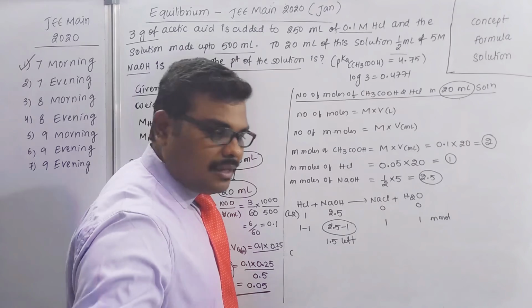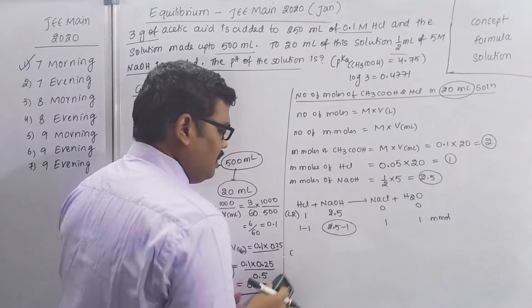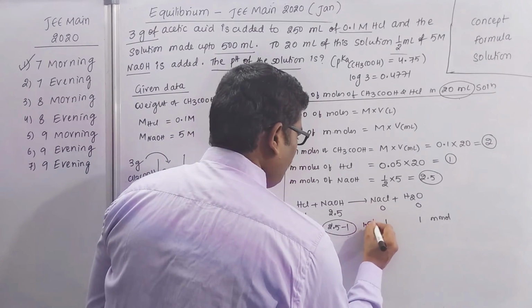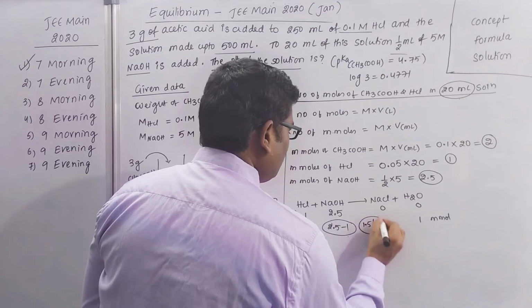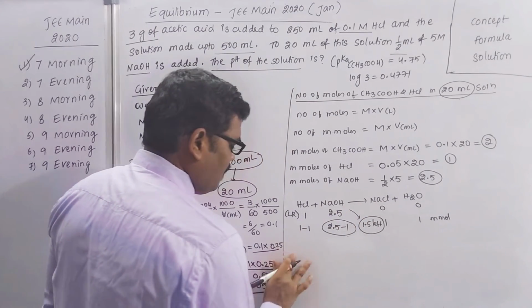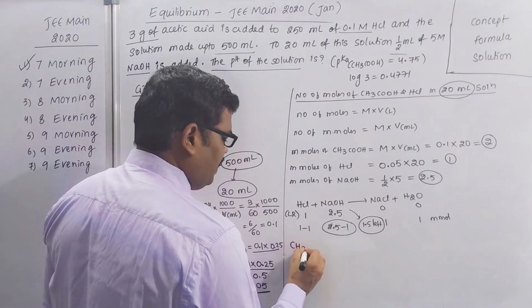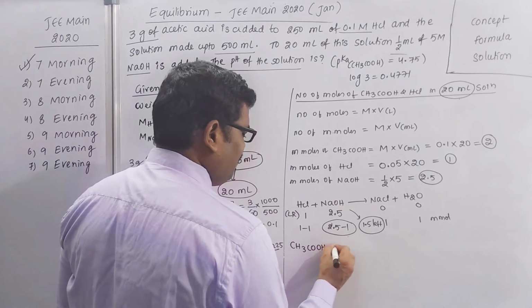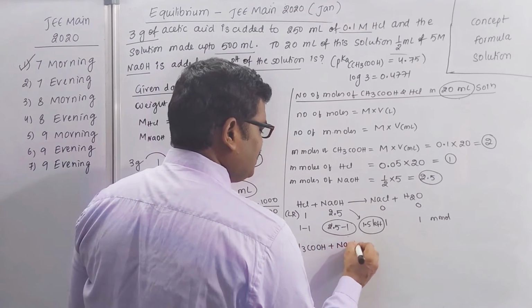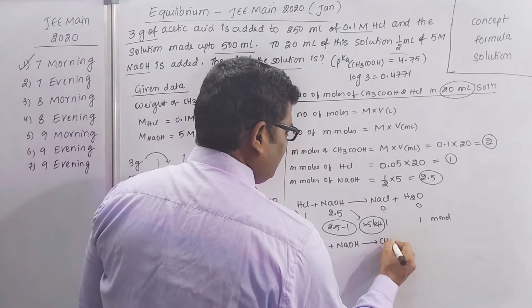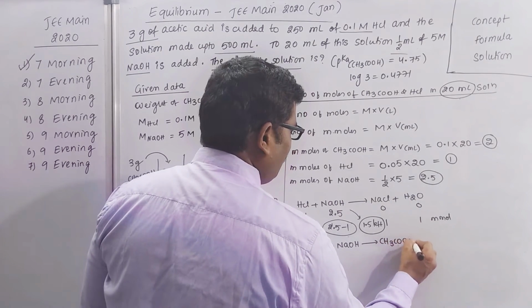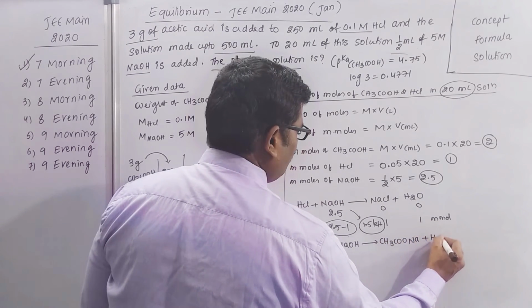See here, I am going to write 1.5 millimoles of NaOH is left here. Now I am going to write the reaction between acetic acid CH3COOH and NaOH. It gives CH3COONa plus H2O.